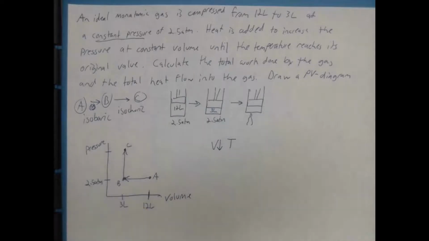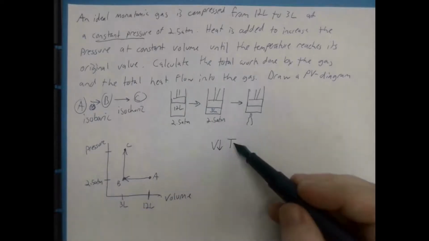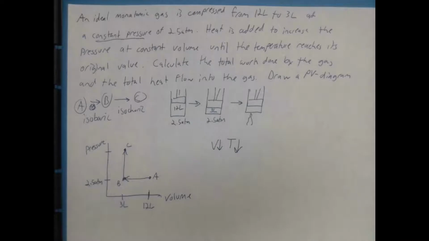The pressure is staying the same, so in order to keep the same pressure, temperature must decrease. There's a nice trick to this, and let's see if I can explain it.